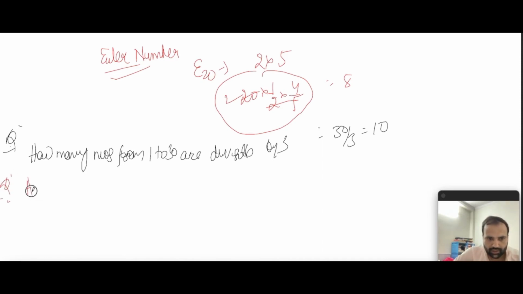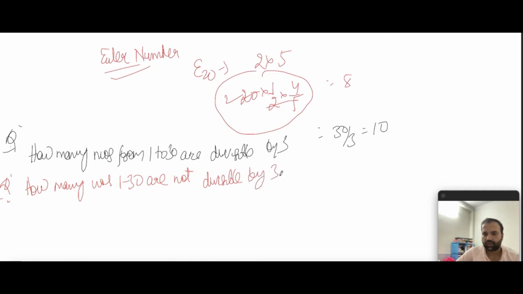If I say, how many numbers between 1 to 30 are not divisible by 3? So how do we find that? So what we do, 30 by 3 and we subtract it, isn't it? What we have done over here, just look over here.